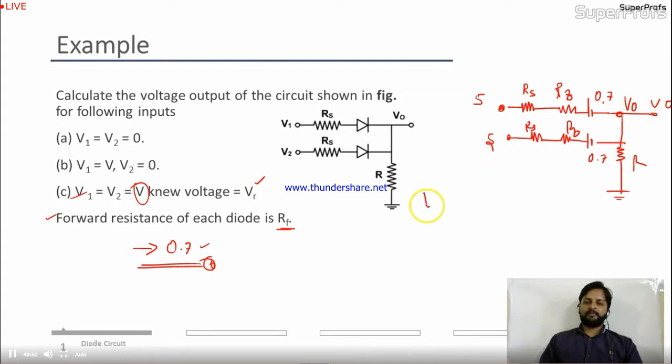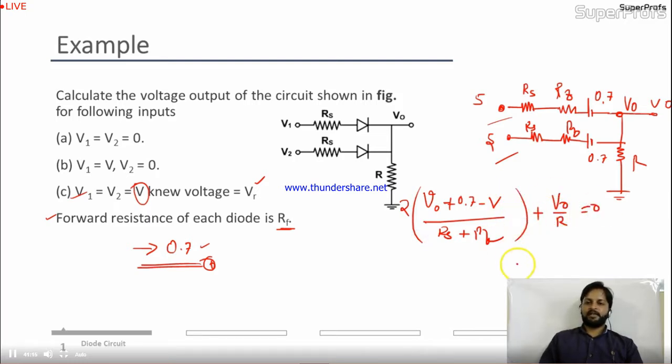V0 minus, plus 0.7 minus this 5, or you can take it V because they are given with V, over RS plus RF. This same equation will come 2 times because these 2 branches are very same, so you will multiply with 2, plus V0 by R equal to 0. Again, you can solve this equation and you can get the V0 value. I hope this is clear to you.